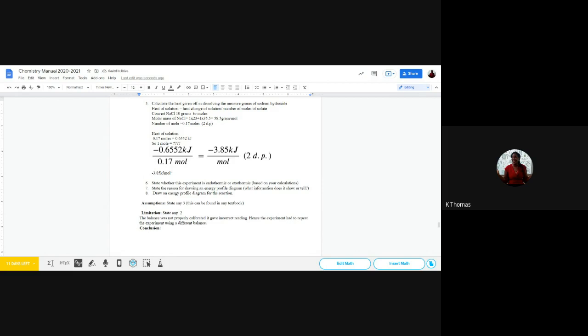So that's one limitation that we had in conducting this experiment. I gave you 3 assumptions while doing this lab and while doing our calculations. State any 3 of them and you get your full marks. I explained the limitation while conducting this lab. While you're doing the lab, you can write your own limitations.